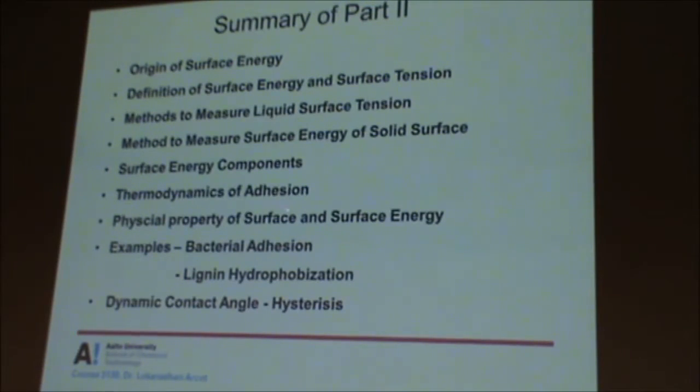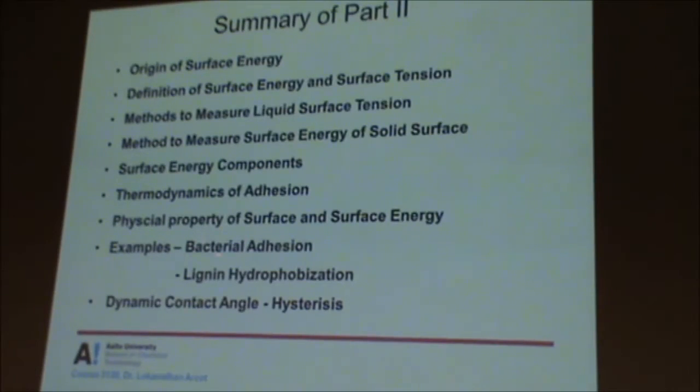And we saw the thermodynamics of adhesion, and we also saw how theoretically we can predict whether two surfaces will adhere to each other or not based on surface energy parameters and second law of thermodynamics. And we also saw how physical property of a surface, for example surface roughness, can cause drastic change in surface energy.